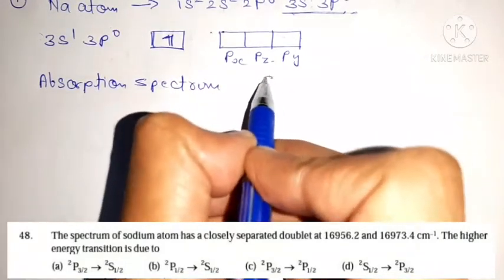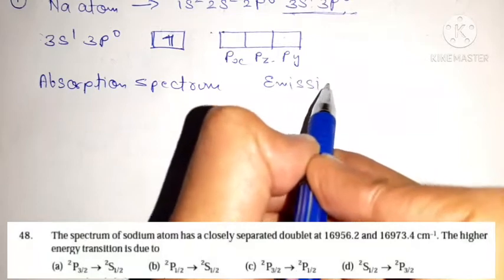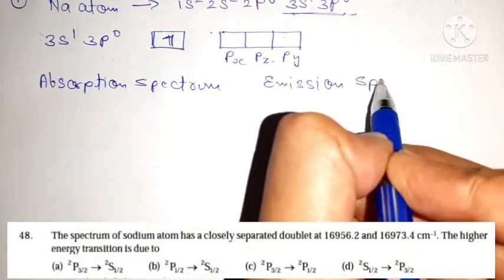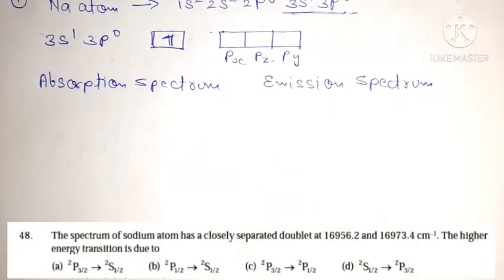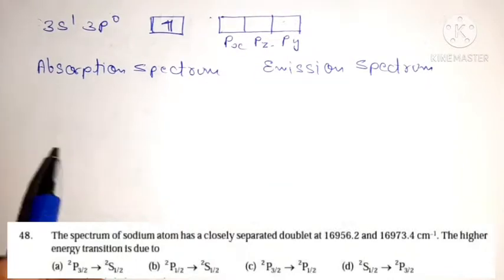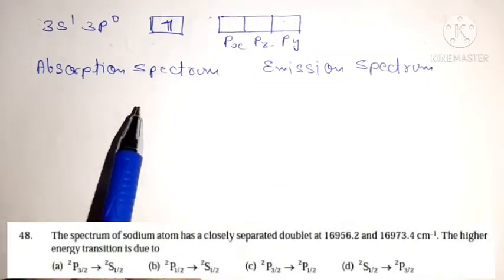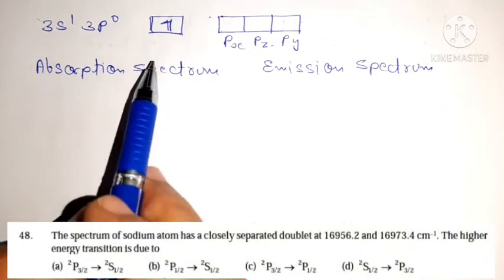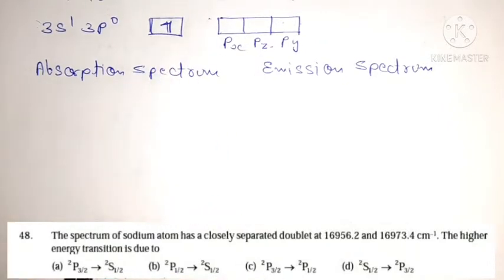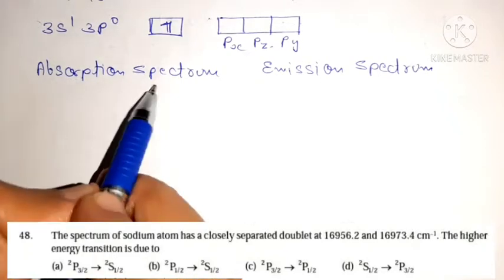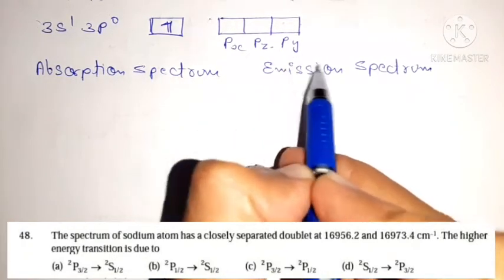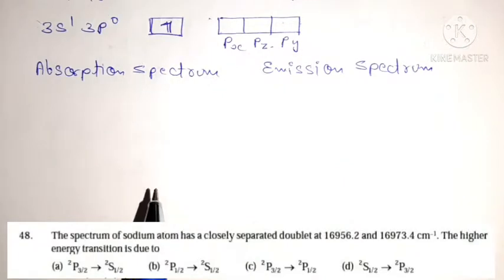Absorption spectrum means when electron excites from lower ground state to higher excited state. And emission spectrum means when electron comes from its higher excited state to its ground state. These are the two general types of spectrum.